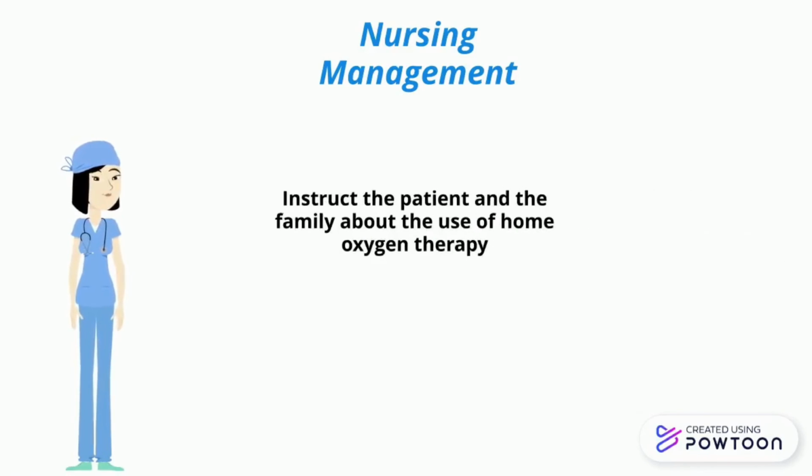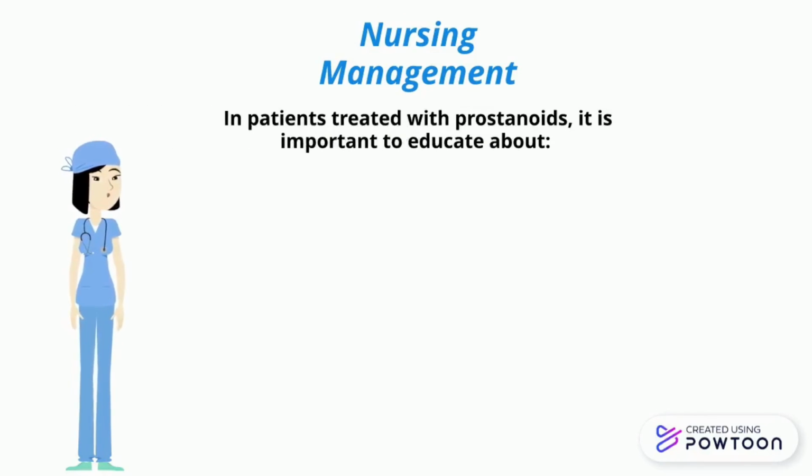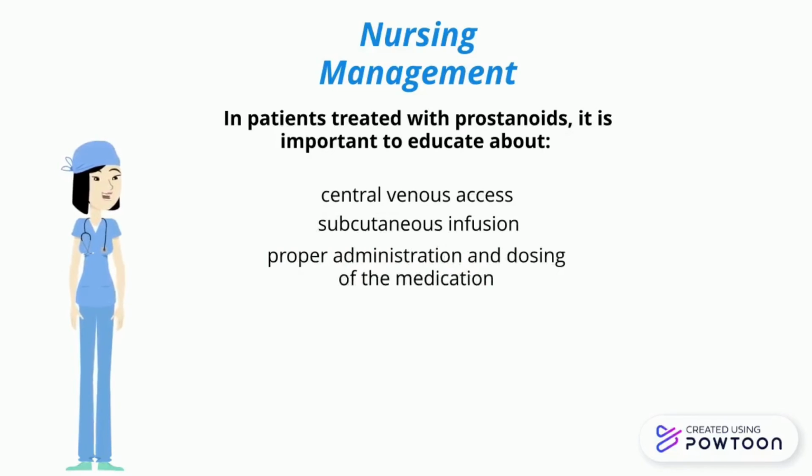Instruct the patient and family about the use of home oxygen therapy. In patients treated with prostanoids, education about central venous access, subcutaneous infusion, proper administration and dosing of the medication, pain at the injection site, and potentially severe side effects is extremely important.